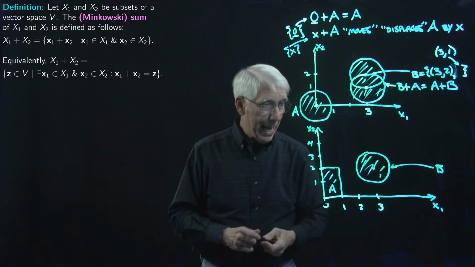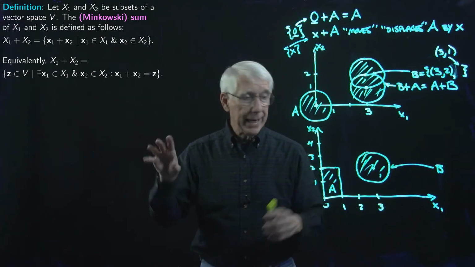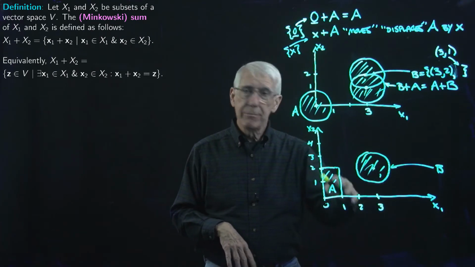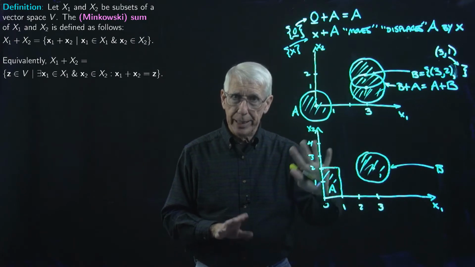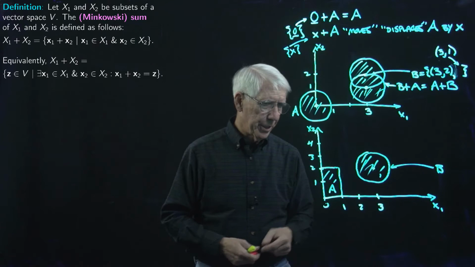And now I want to add A plus B. I want to see what A plus B looks like. We could do all this analytically, but it's pretty straightforward here to just do the geometry. And that's all I want to do here, to get the idea of how this works. So let me use a different color here.